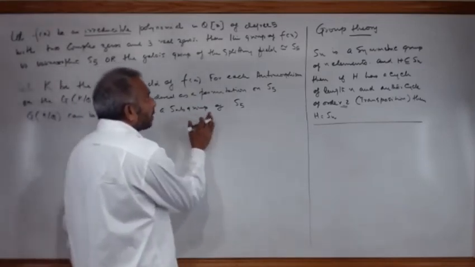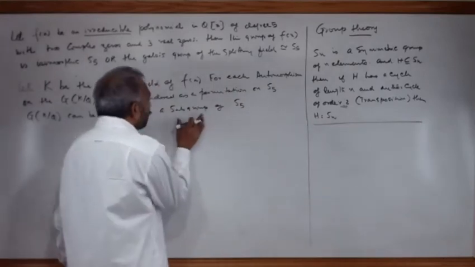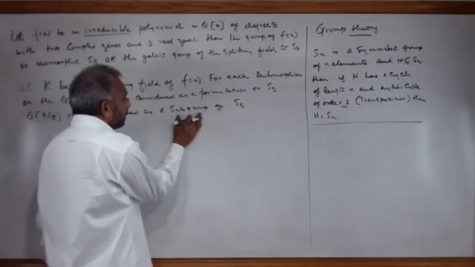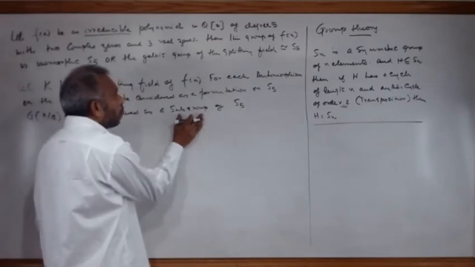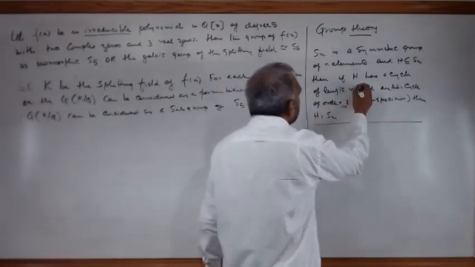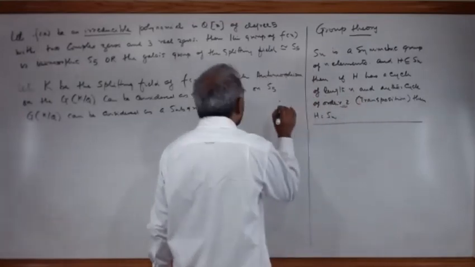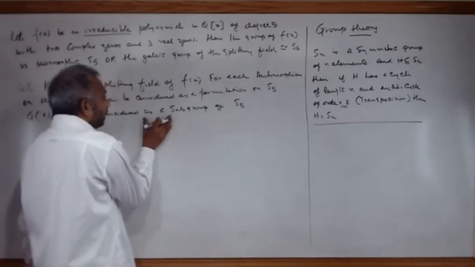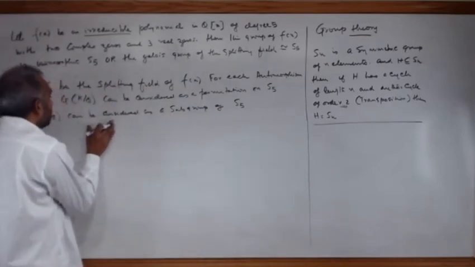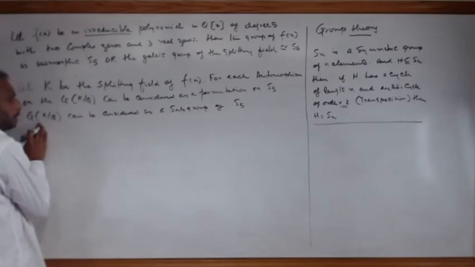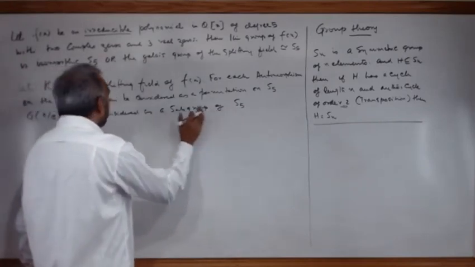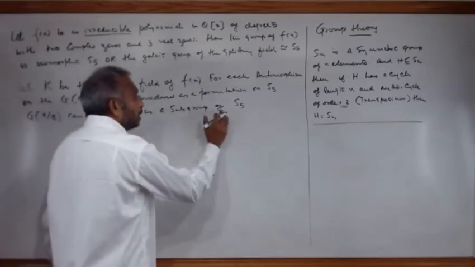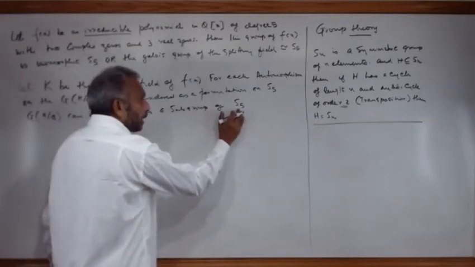Now we are almost here. We need to find out if there is an element in this subgroup whose order is 5, that is, a cycle of length n. Here n is 5. When you say order is 5, then the length of that cycle corresponding to the permutation in S5 is 5.